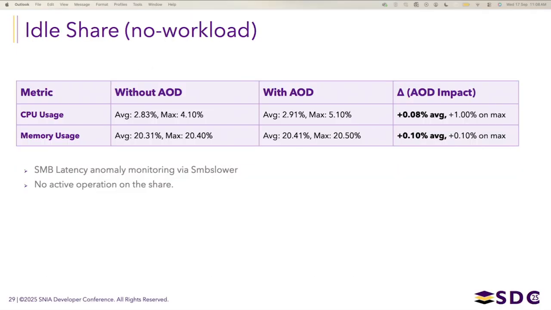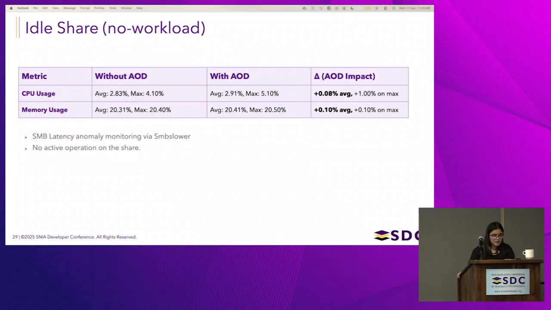When there is no workload, when there is an idle share or there is a slow workload, the CPU usage increased by 0.08% on average, and memory usage increased by 0.1% on average. We are constantly trying to improve these numbers, so I'll come to the future improvements in a sec.